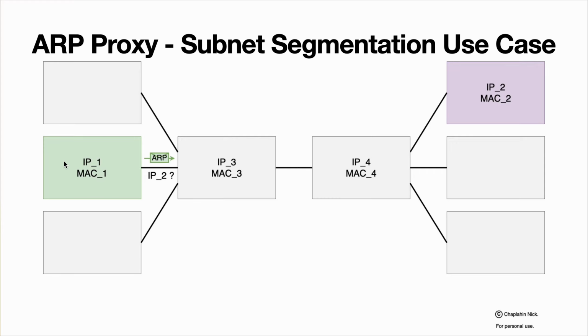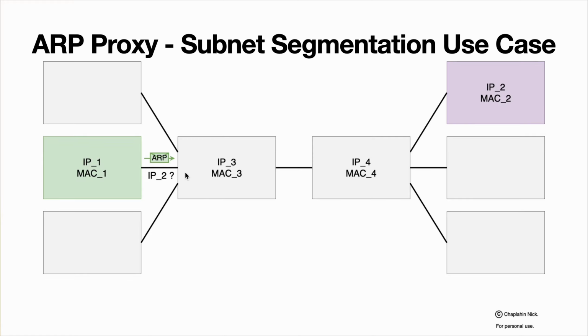What happens then? For example, our device with IP1 MAC1 wants to send traffic to the device with IP2. They are on the same subnet, so they could communicate directly, if not for this specific segmentation. Our device sends an ARP request saying, device with IP2, what is your MAC?